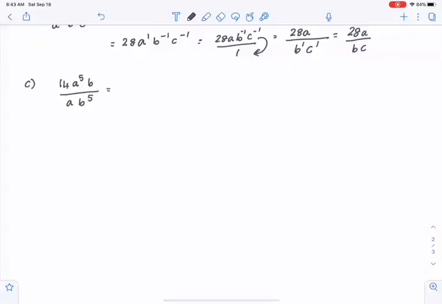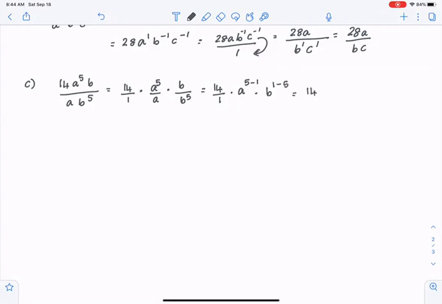So 14 divided by 1, group the a terms, a raised 5 over a. Group the b terms, b over b raised 5. Since we have identical bases in the numerator as well as the denominator, a numerator power minus denominator power, b numerator power minus denominator power.